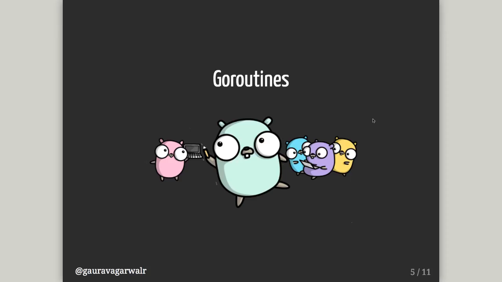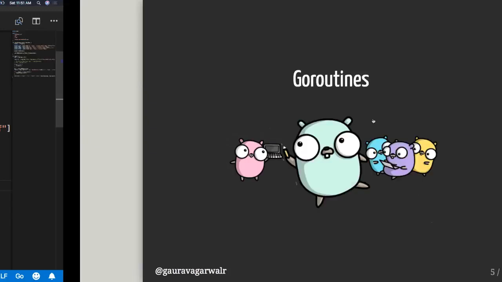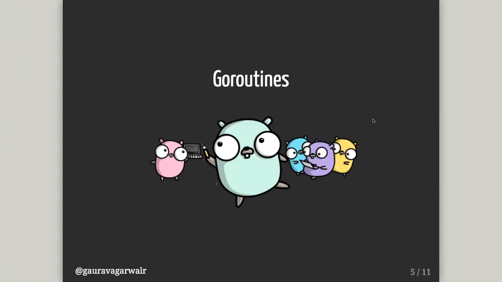I guess we can do better on this. So probably we could look at Go routines, right? Go has this concept of Go routines, which are asynchronously run lightweight threads. These are user space threads which map to kernel threads. They are usually lighter than starting threads in other languages like Java.